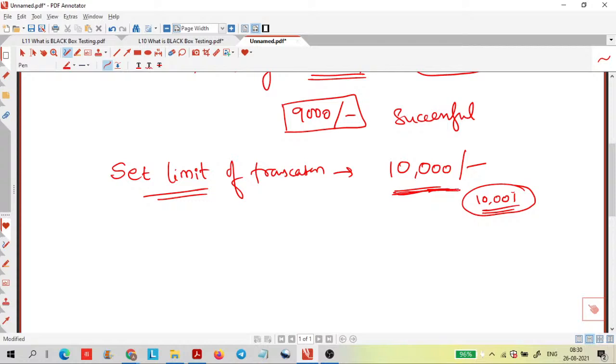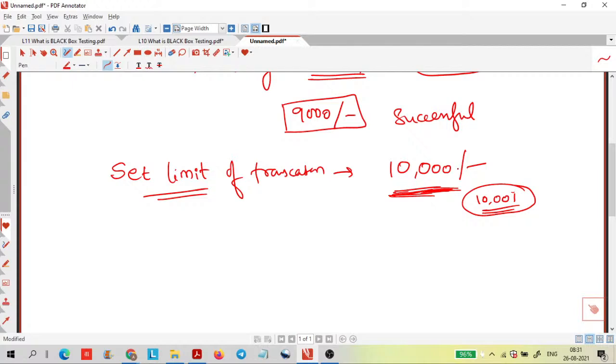If I set this internal setting, a transaction limit, and I give my card to anyone to do some transactions, I can set some limit. This can be changed by doing some authentication. We can change the limit. But this type of testing is very important.